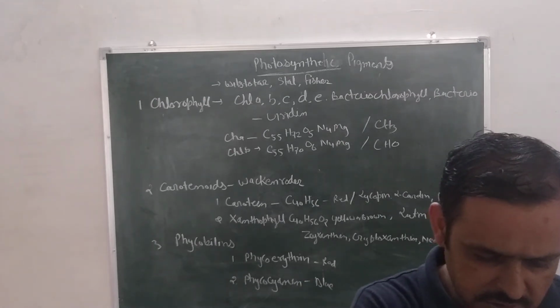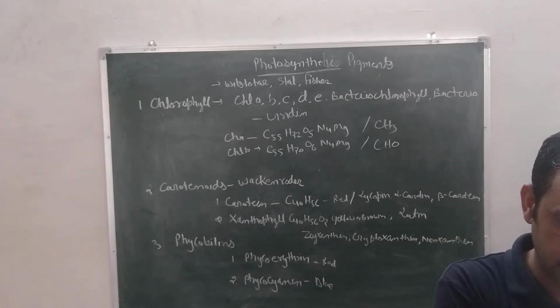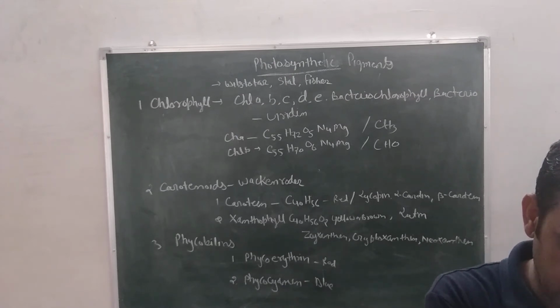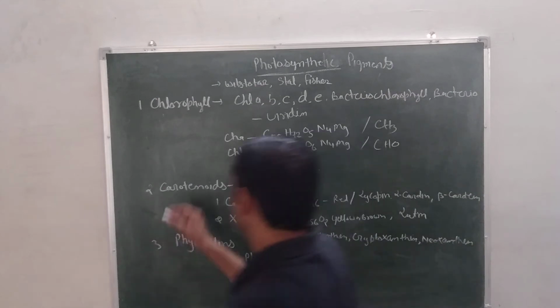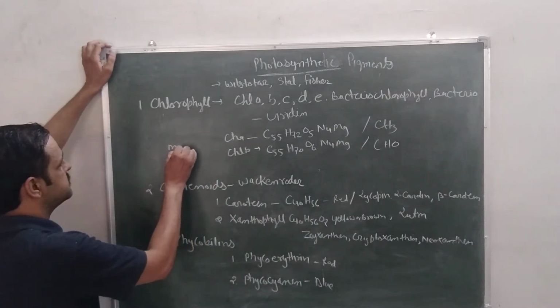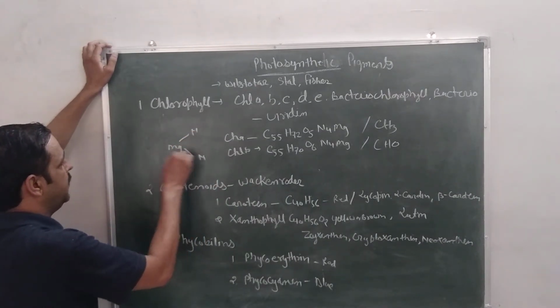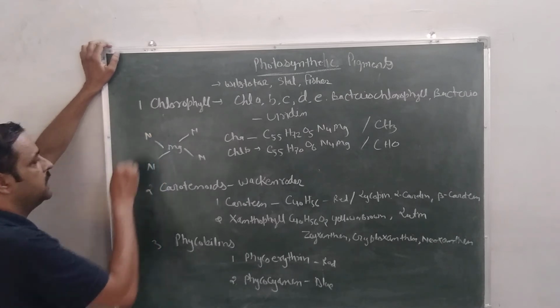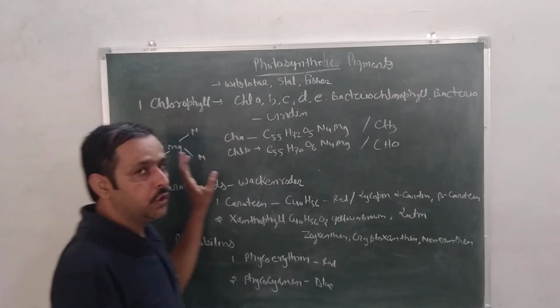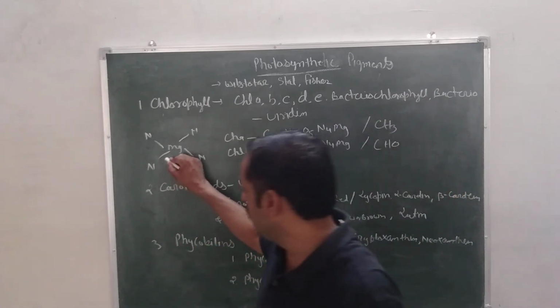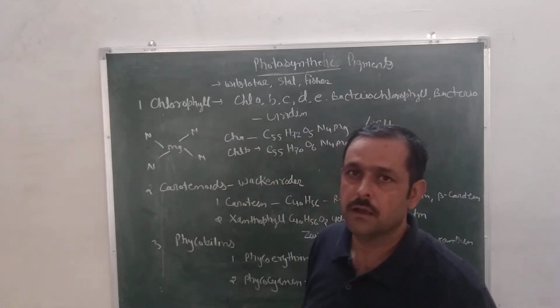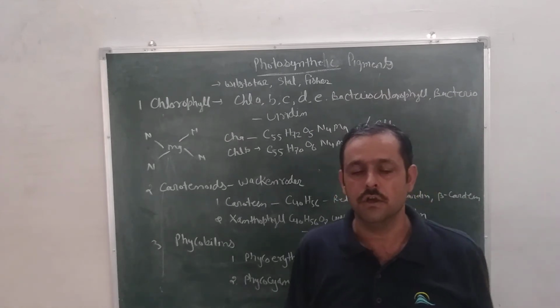The porphyrin ring is made of 4 smaller pyrrole rings, in each small ring there is a nitrogen atom. All 4 rings bind with the metal atom magnesium present at the center. In the center there is magnesium and nitrogen surrounding it, and a long tail is formed, which is called phytol.